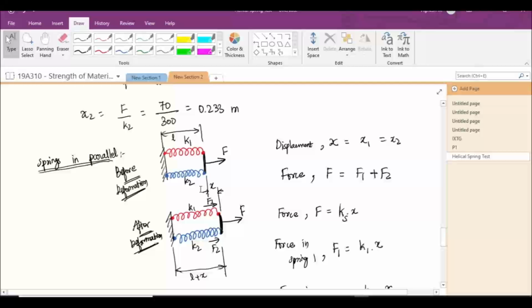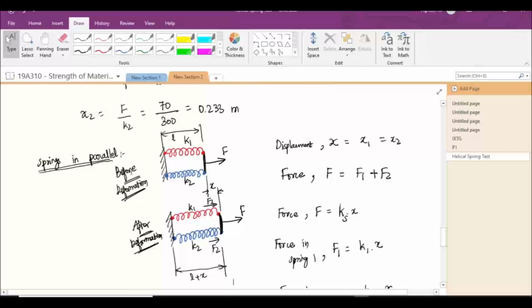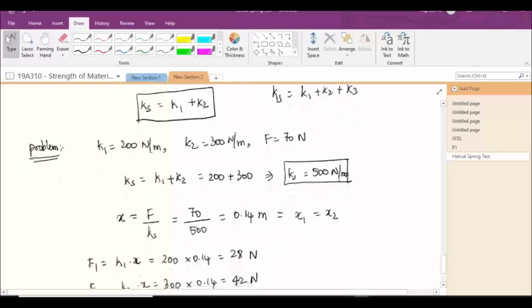That's how the system is going to perform. Whenever we have two springs in parallel, the entire system stiffness will be increased, as we see in this formula or in the problem, as it has more stiffness. So examples are in two wheelers.